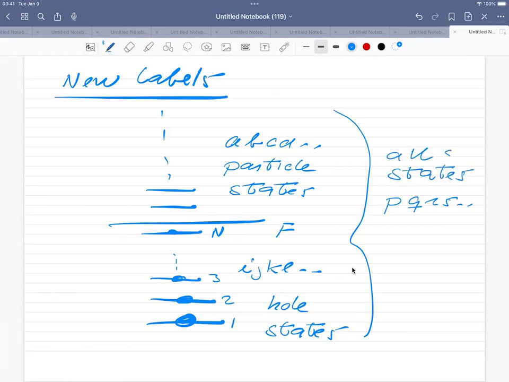I'm going to put an SP here to indicate that this stands for single particle states, all the single particle states up to N, which defines our effective Hilbert space.